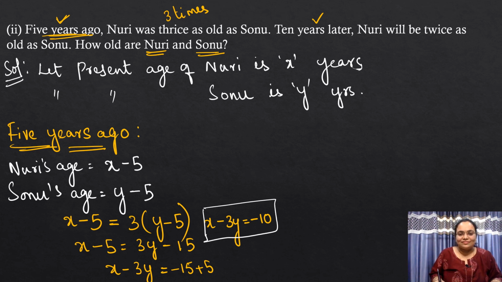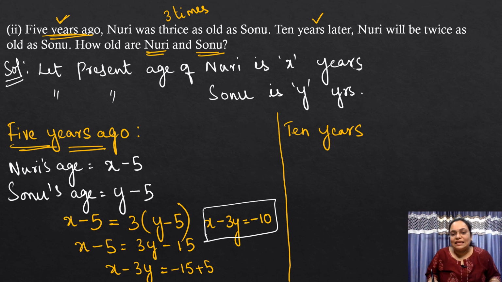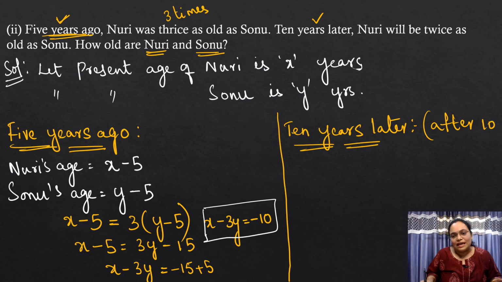Now let us take the 10 years later scenario. 10 years later can also be taken as after 10 years. So see the question. After 10 years, that is 10 years later, Noori will be twice as old as Sonu. That is 2 times.